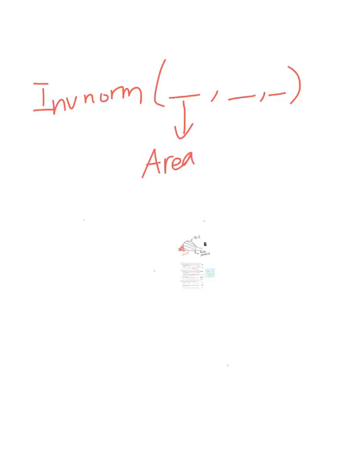Another function we need to use for this part is inverse norm. When we use inverse norm, we need to input 3 numbers: area, mean, and standard deviation. Same as before, the mean and standard deviation can always be found in the question.